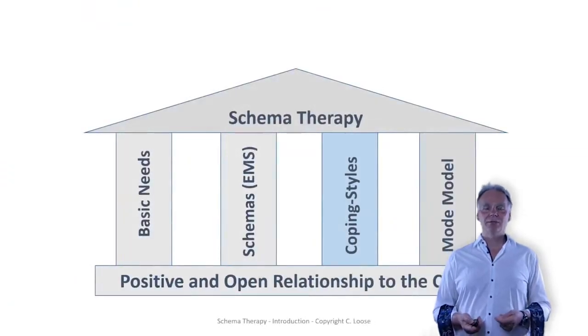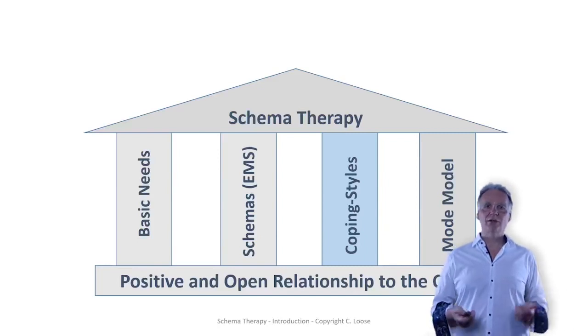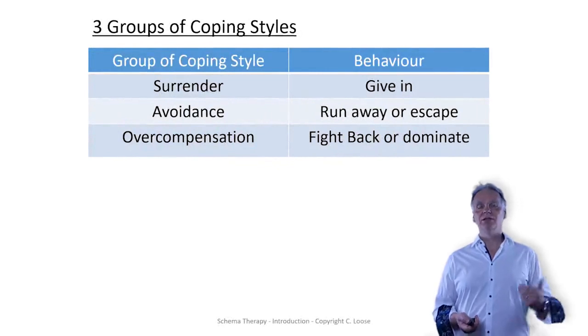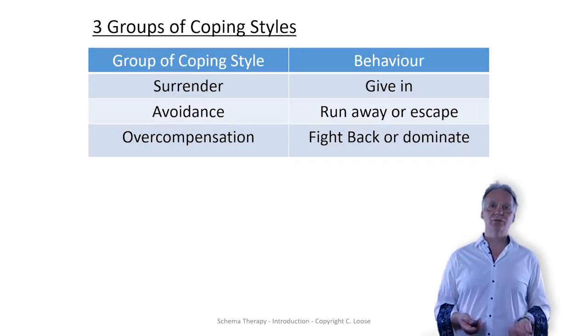Let me say some words about coping styles. So the basic needs and the emotional model schemas are actually invisible facets of myself, so I cannot see them. They are deep inside. What I can see is how I cope with my schemas and my needs. And this is conceptualized within the coping styles concept. So we have more or less 3 groups of coping styles that are surrender, avoidance, and overcompensation.